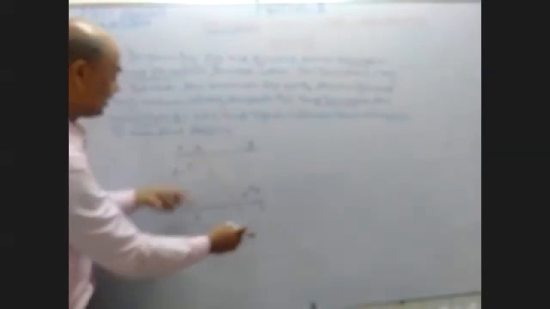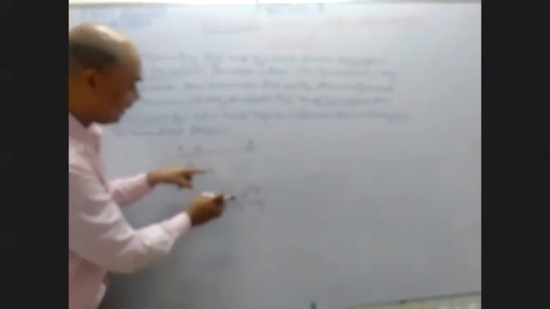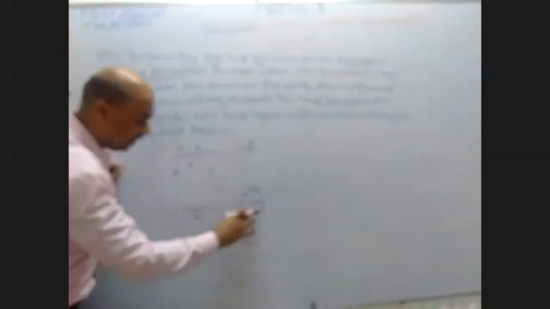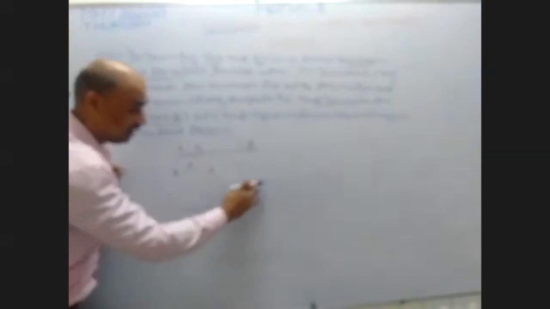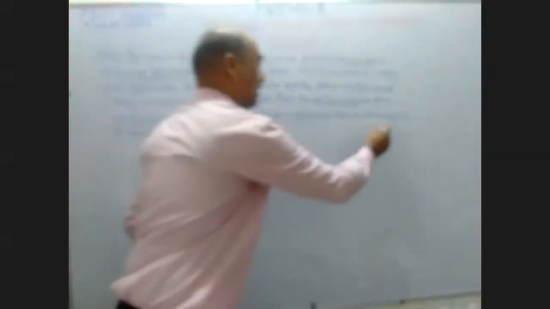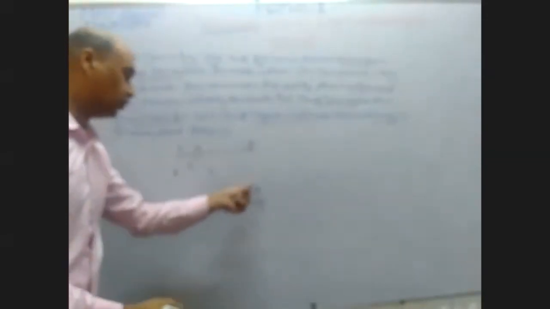When this ray strikes RS, it becomes the incident ray for this mirror, and the CD ray becomes the reflected ray. It reflects back along CD. Now prove that these two rays AB and CD are parallel.